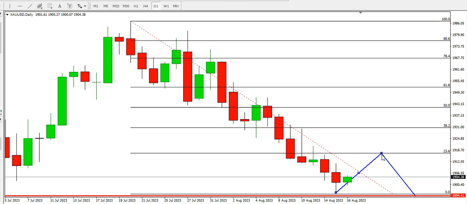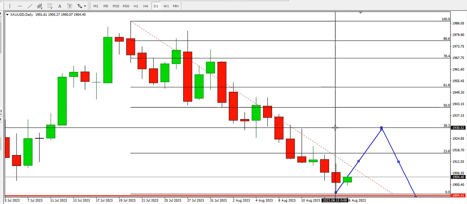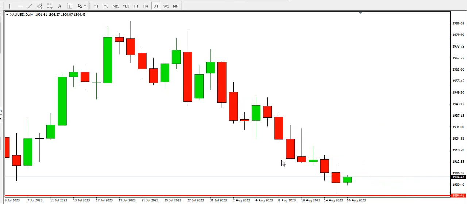And even if price retraces up to the 38.2% Fibonacci level, around the 1930 level, and continues the downward trend, then we might take it as a strong bearish trend. So that's that for the daily time frame.